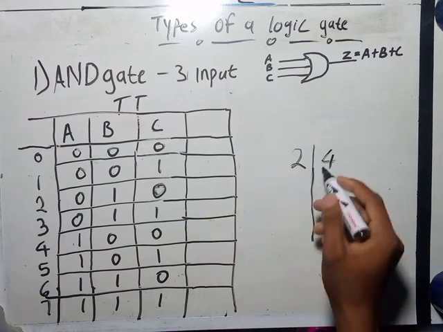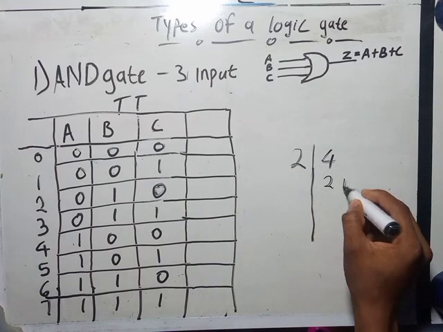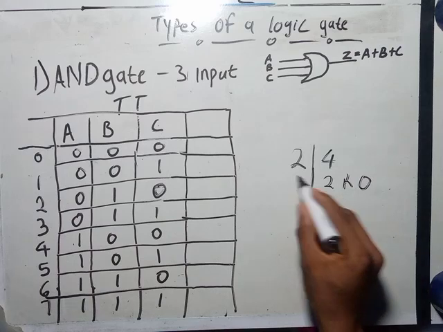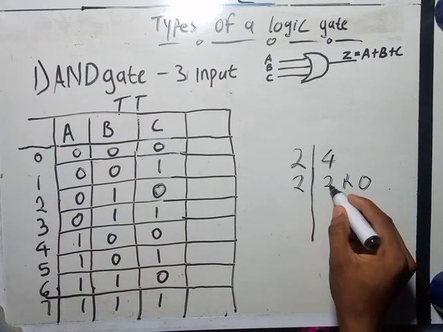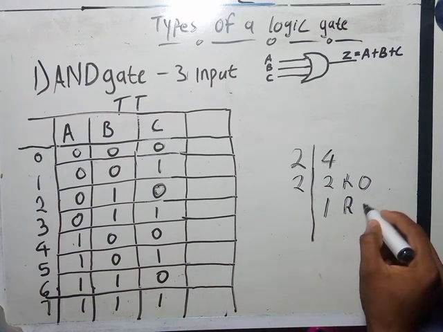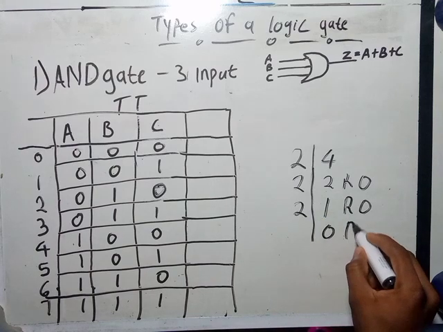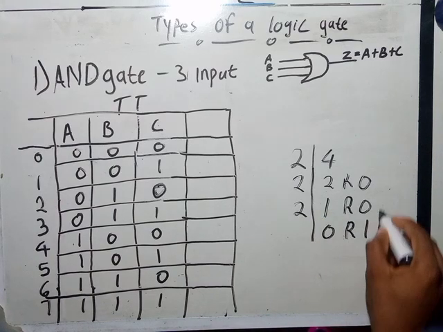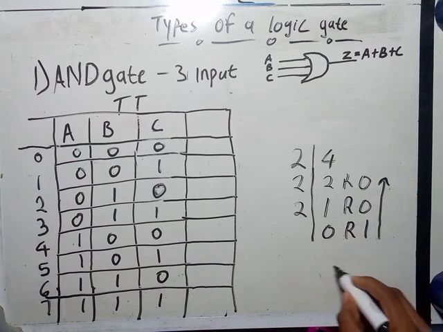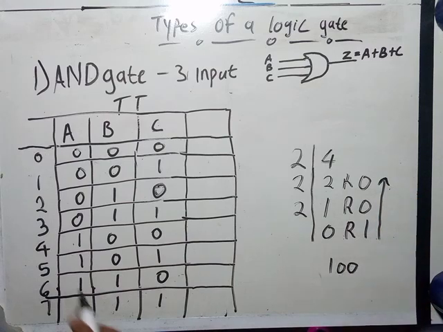So 2 into 4, you have 2 remainder 0. 2 into 2, you have 1 remainder 0. 2 into 1, you have 0 remainder 1. We take the remainders from down to up, giving you 1, 0, 0. So that's how we got all these values.